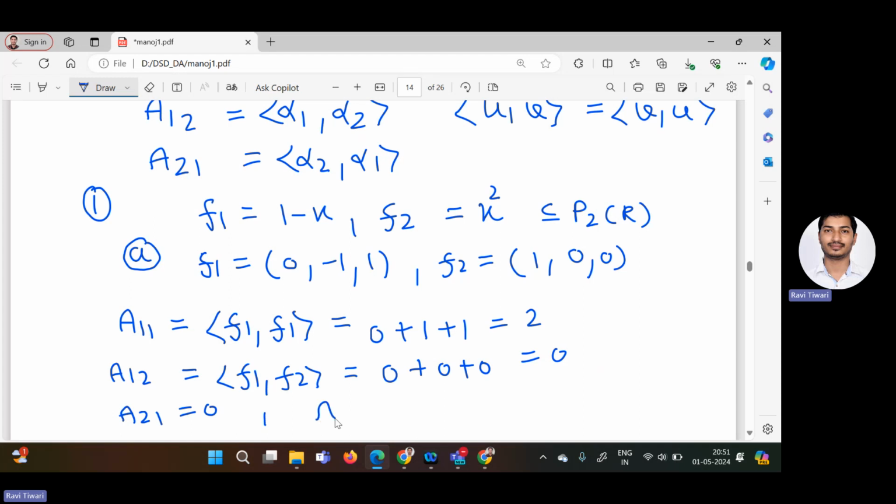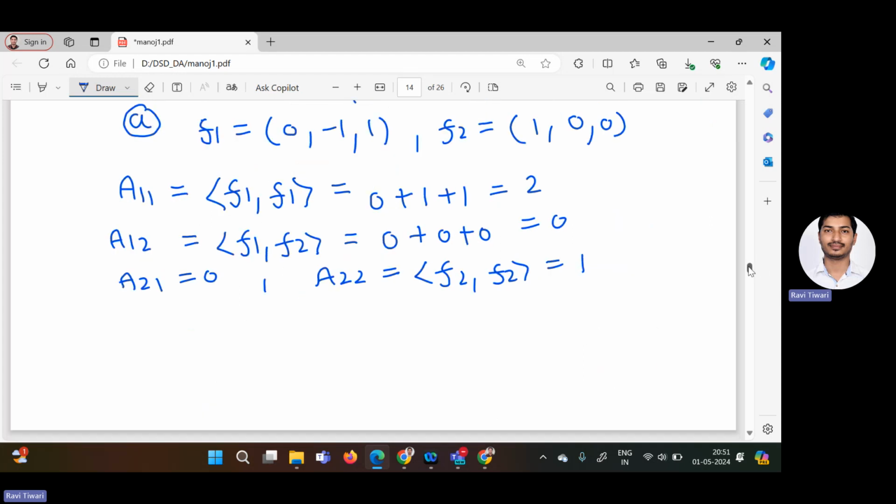Now what will be A22? A22 is F2 and F2. So F2 into F2 will be what? Again you can find the inner product of F2 with the same vector. So 1 into 1, 1; 0 into 0, 0; 0 into 0, 0. So now all the components you have calculated. So what will be the matrix?